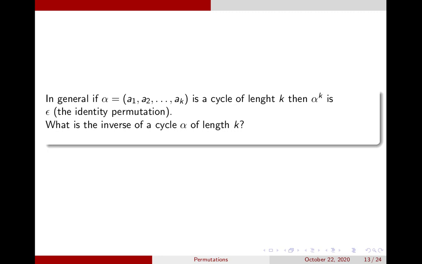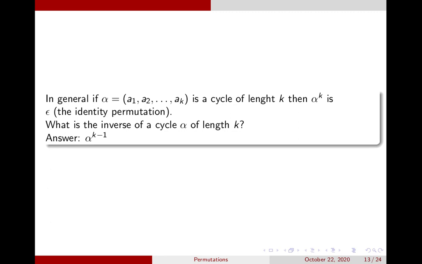What about the inverse of a cycle, alpha of length k? Well, we have one way of writing the inverse. You can take the cycle of length k that has the same numbers as the cycle alpha, but in reverse order. But here's another way of answering that question.